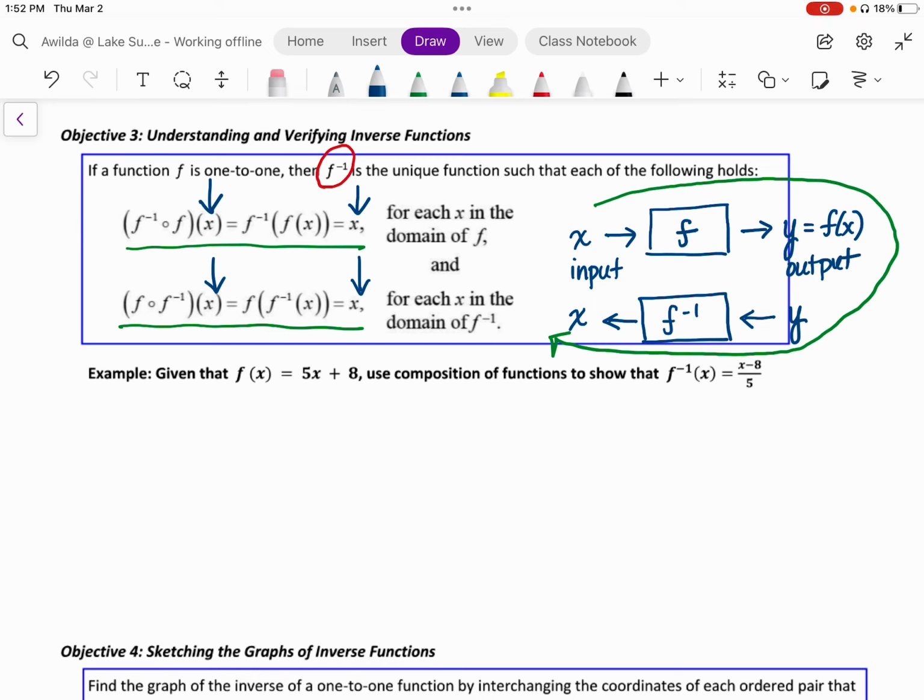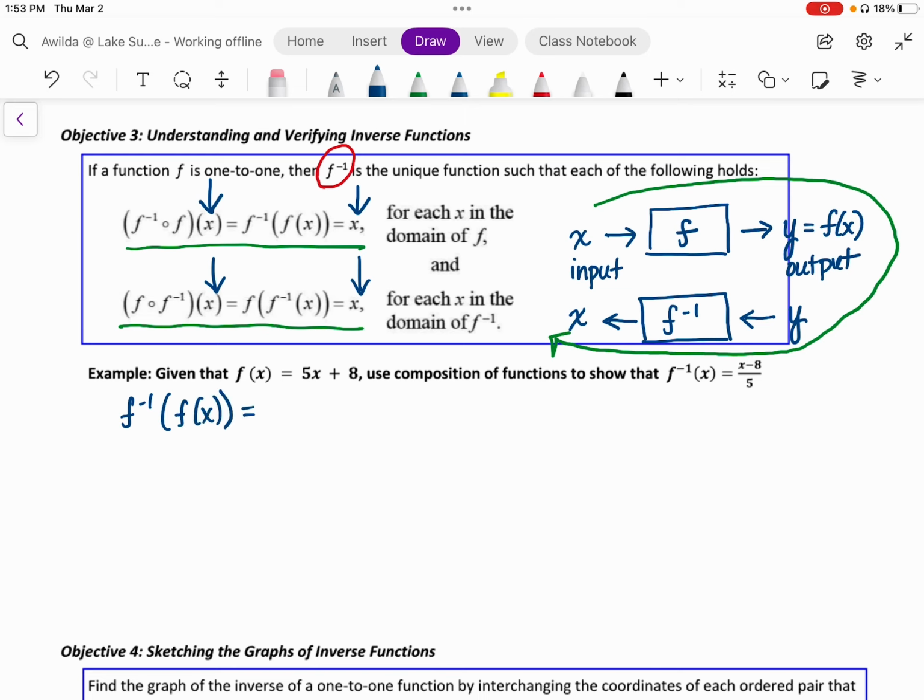Now, let's show this composition as an example with f of x equal to 5x plus 8 and f inverse of x equal to (x minus 8) over 5. So we already know going into this example that f and f inverse are inverses of each other. All right, let's do some composition. First, let's compose f inverse with f of x.